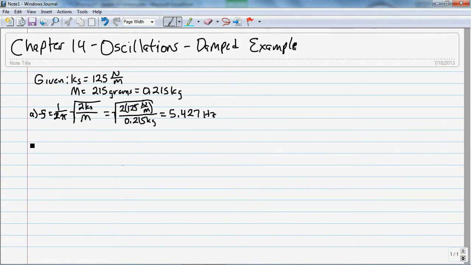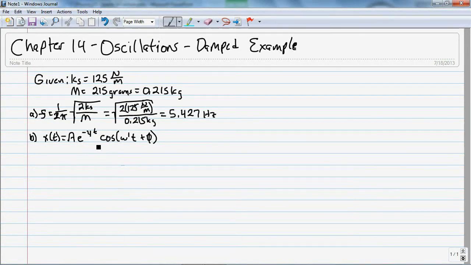For part B, we know that they're asking for the amplitude, but our equation that we would assume for a damped system would look something like this: A times e to the negative gamma t, cosine omega prime times t plus phi.